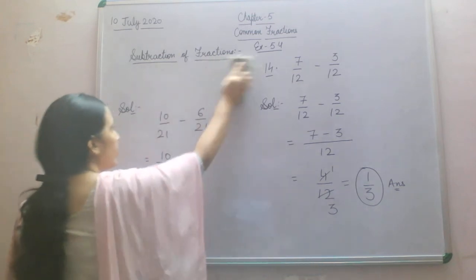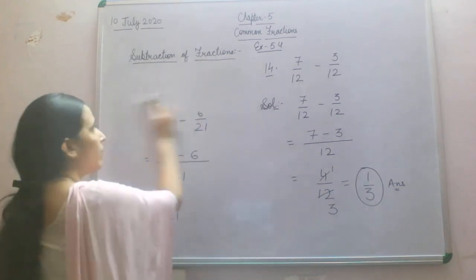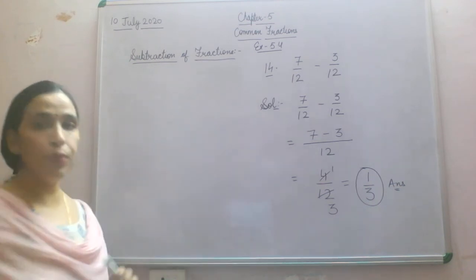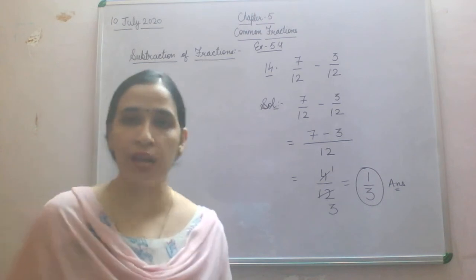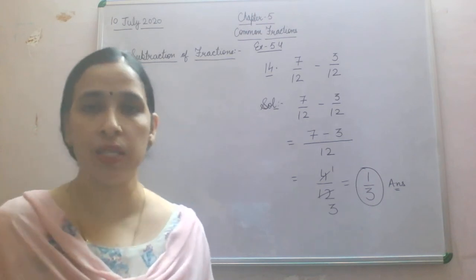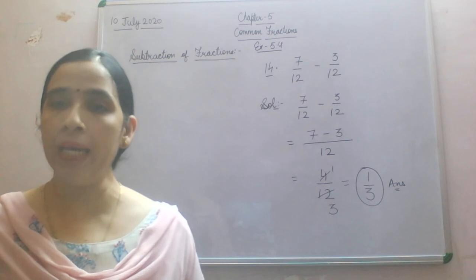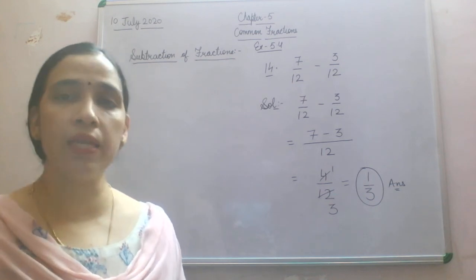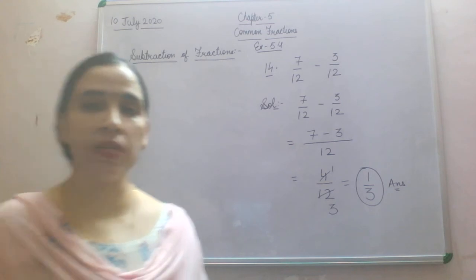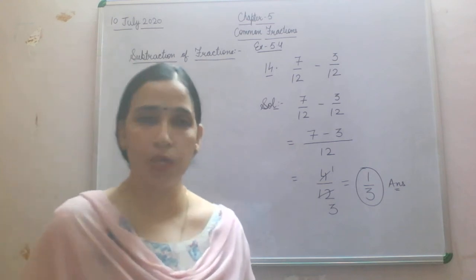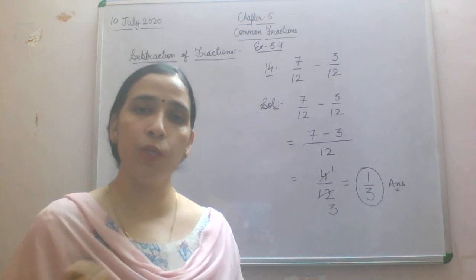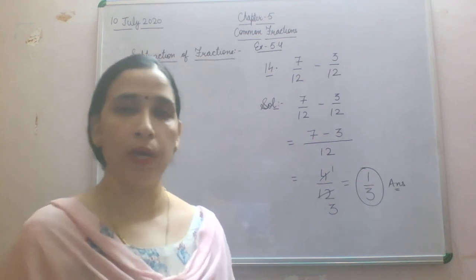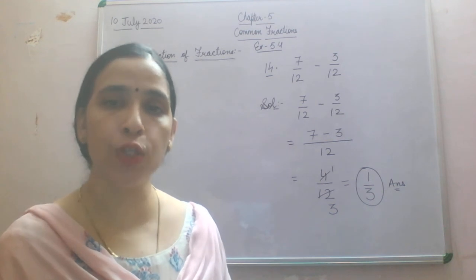As I told you in the beginning of the video, unit fractions are those fractions which have 1 as their numerator. Means you are given the question 1 by 3 minus 1 by 4. In this kind of question, the numerator of each fraction will be 1. So let's start our subtraction of unit fractions.